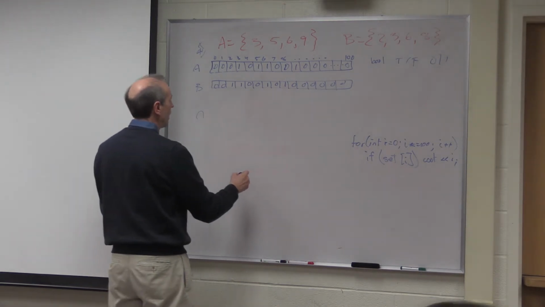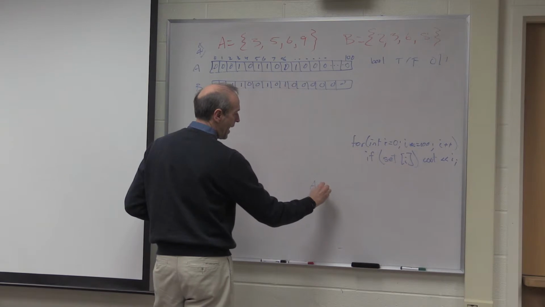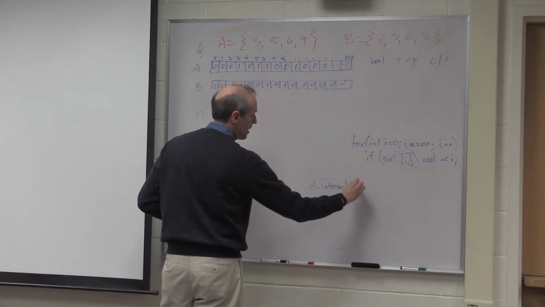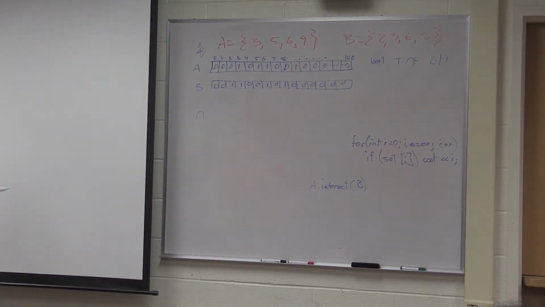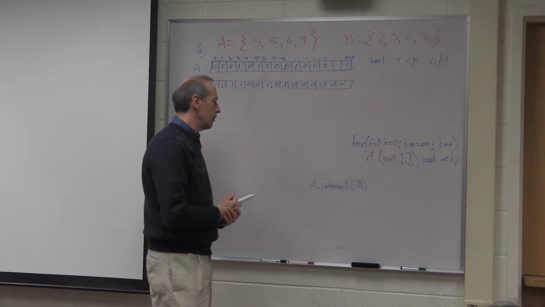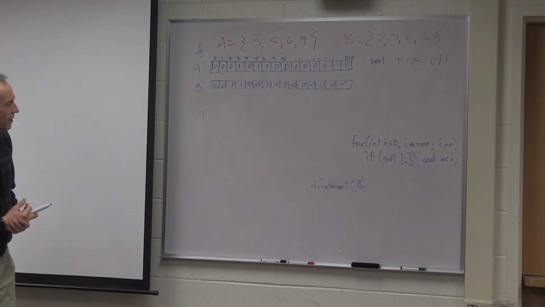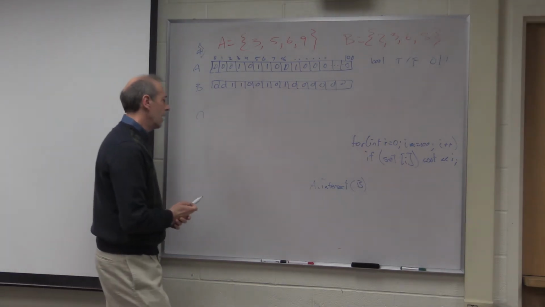So again, you may implement this. You may make the call A intersect B. Very similar to the rational solution of add, subtract, multiply, and divide. You can say A intersect B.